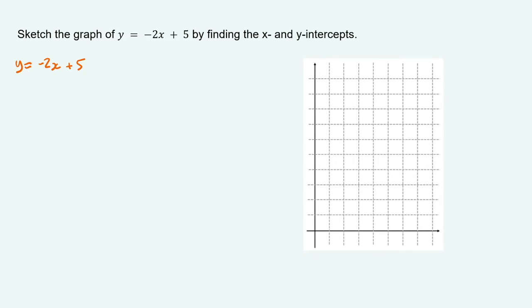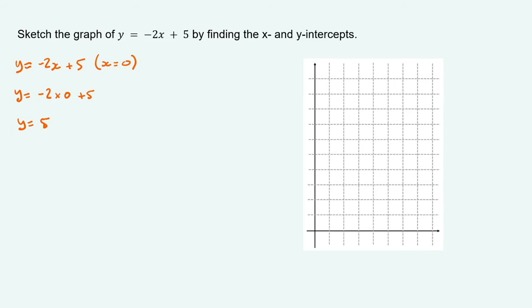So I'm going to start with my equation, and I'm going to find my x equals 0, so my y-intercept. Now you'll notice that's not a very good colour.